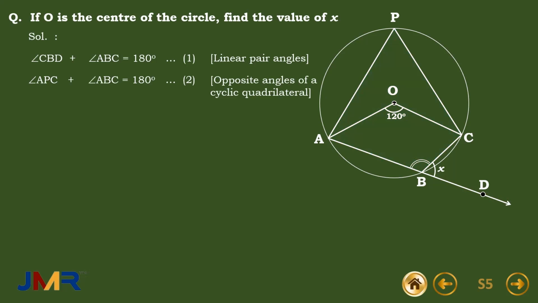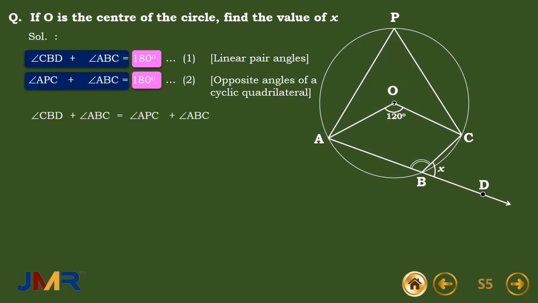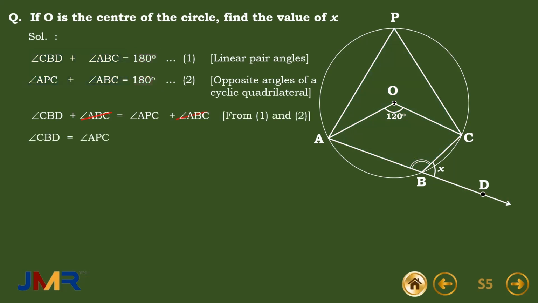Since both equations 1 and 2 are equating to 180 degrees, equate their LHS. So, angle CBD plus angle ABC is equal to angle APC plus angle ABC. Angle ABC gets cancelled. Angle CBD is equal to angle APC.